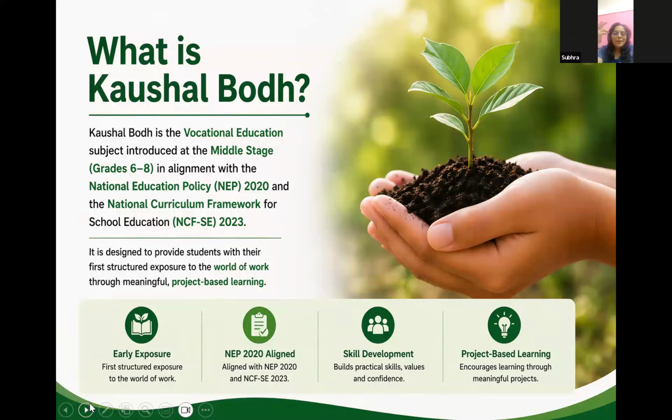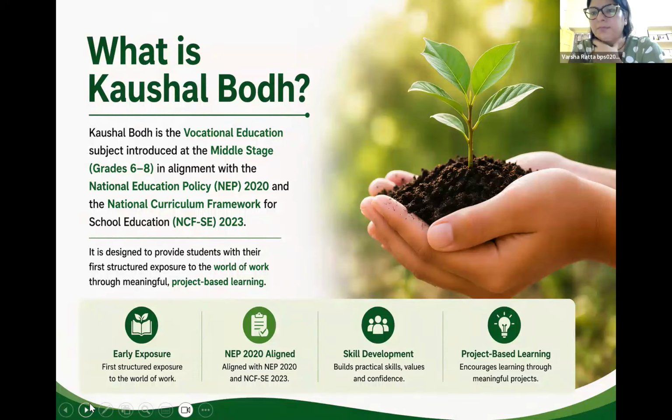Even for the kindergarten also, there is a kitchen garden in our school. The students went there. They observe how the seed grows to a seedling, then a plant, then the fruits and vegetables are coming.